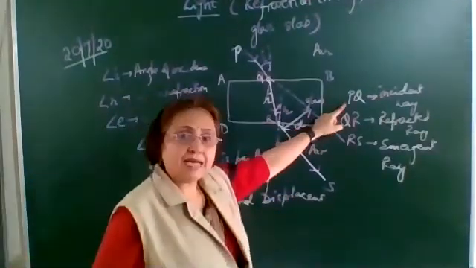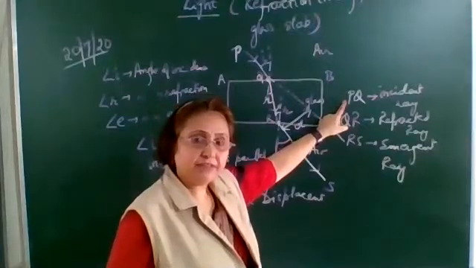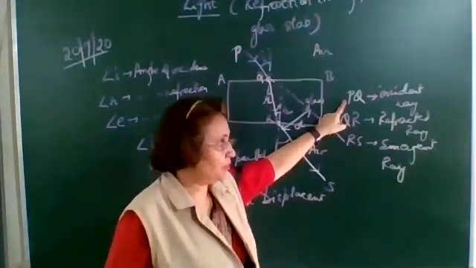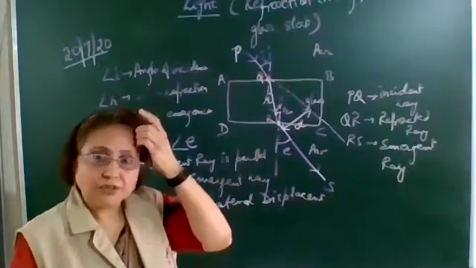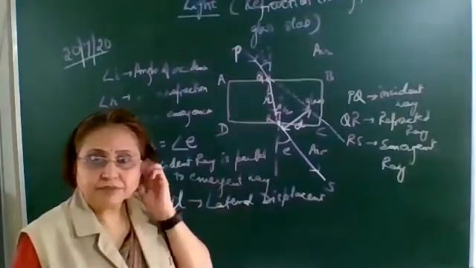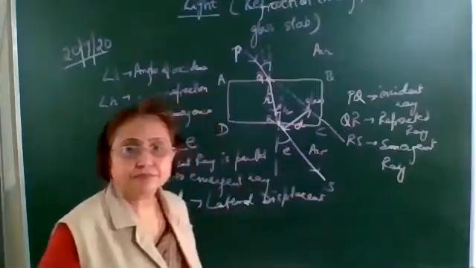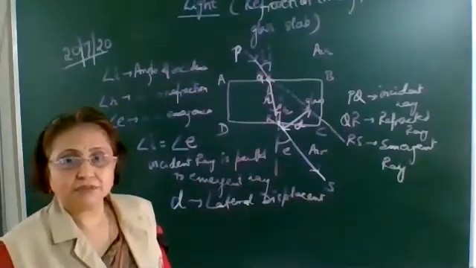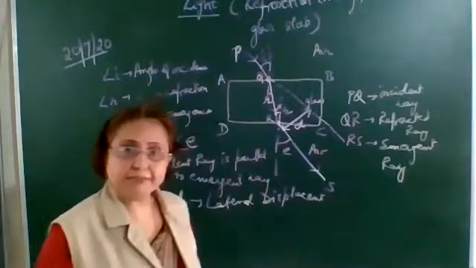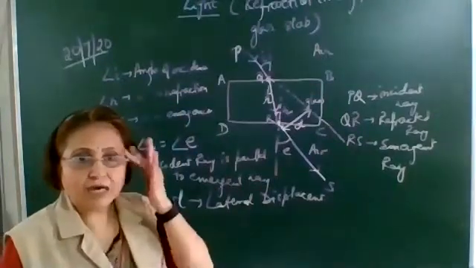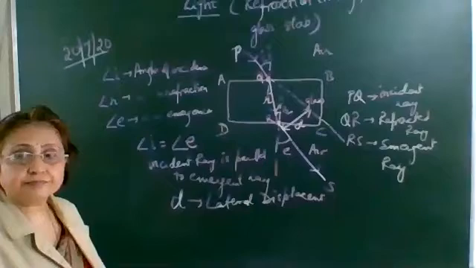Now, as it is written here, write down: PQ is the incident ray. QR is the refracted ray. And RS is the emergent ray.